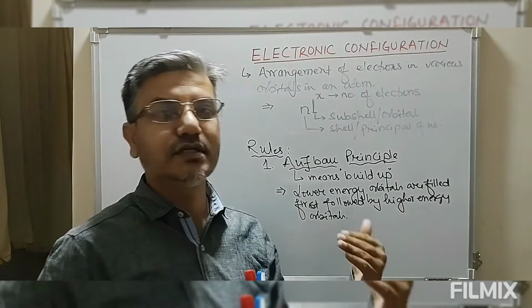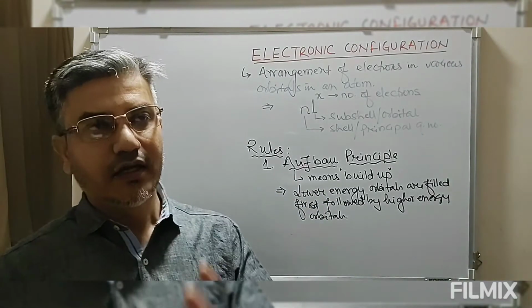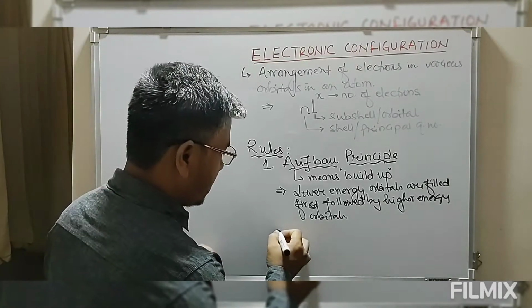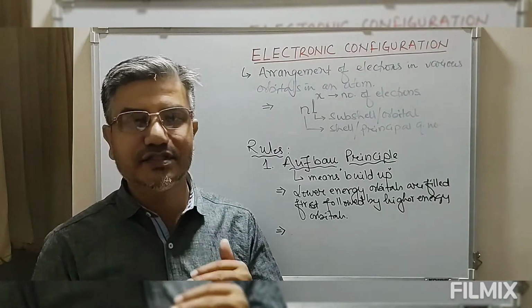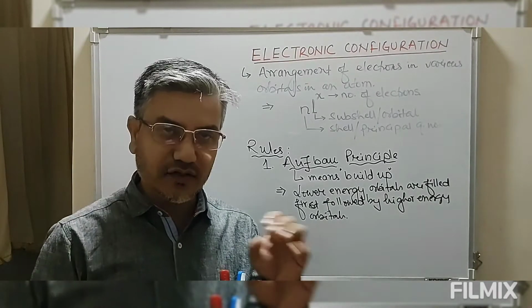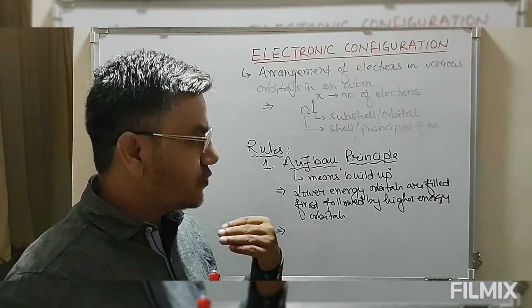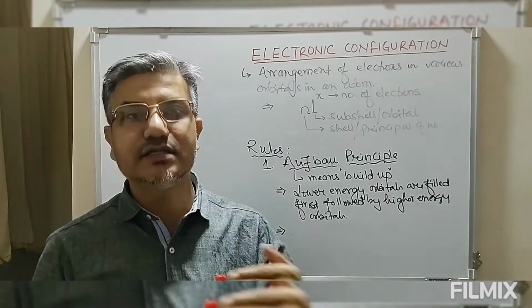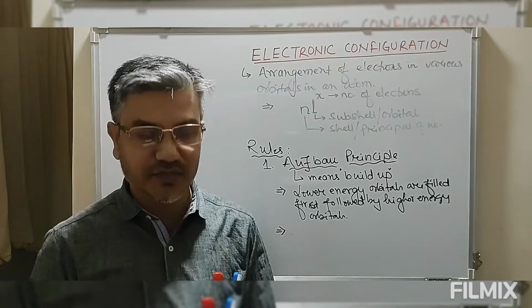So now the question is, we have used the energies of various orbitals. Now these energies of various orbitals are decided by a rule which is known as the n plus l rule that we have discussed in a previous video lecture. So by using this n plus l rule, we can arrange the energies of various atomic orbitals in a multi-electron species.